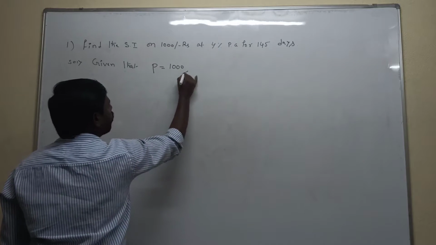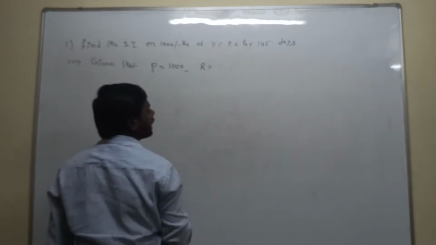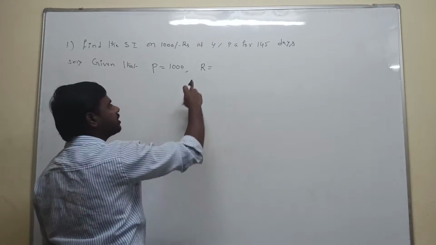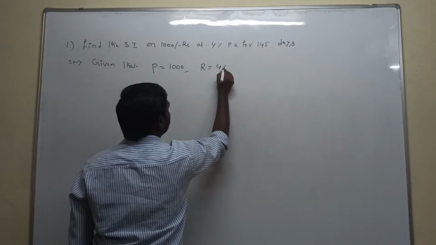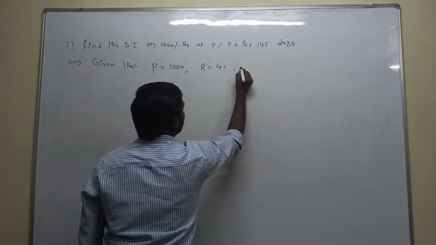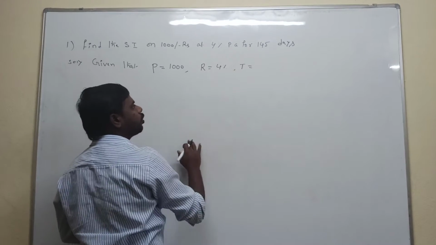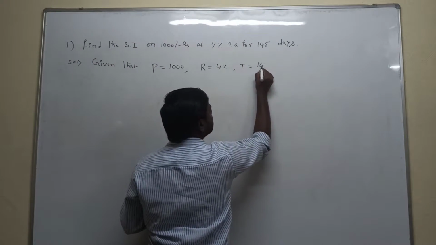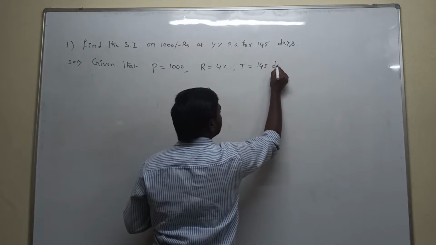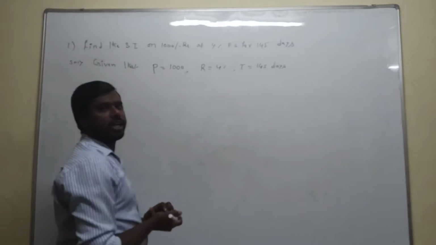The rate of interest is denoted by capital R, which is 4% per annum. The time is denoted by capital T, which is 145 days. We are calculating simple interest per year.